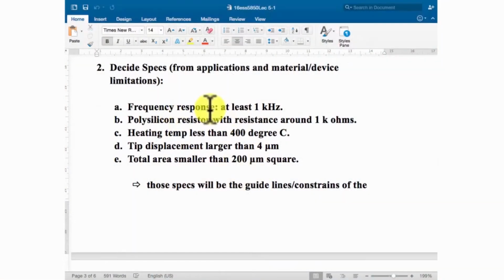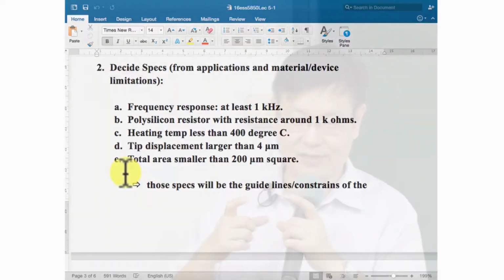So after that, the design specs, for example, are a frequency of at least 1 kilohertz, 400 degrees C, 4 micron, 20 micron square. Now we also have another constraint. We don't want to fabricate the device too large because we have a limited space for the whole structure to work with. So usually we give a limitation on the final size. It cannot be larger than a specific area. Save money.